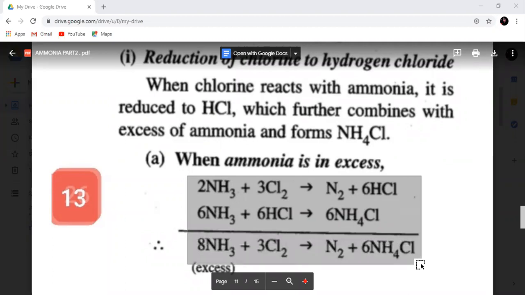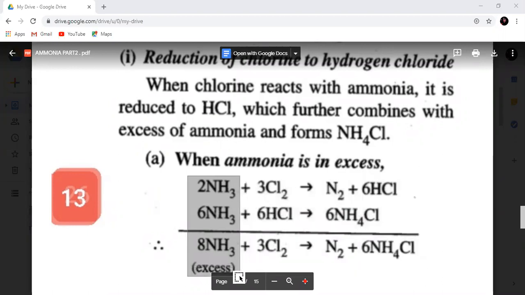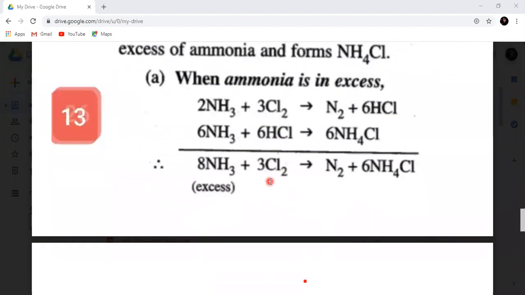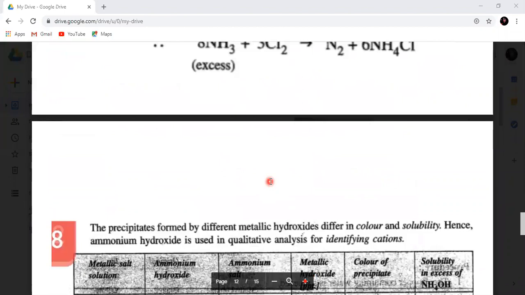We are taking excess of ammonia, which results in the white solid, ammonium chloride. It means when excess ammonia is used, there will be a formation of the white solid, ammonium chloride.